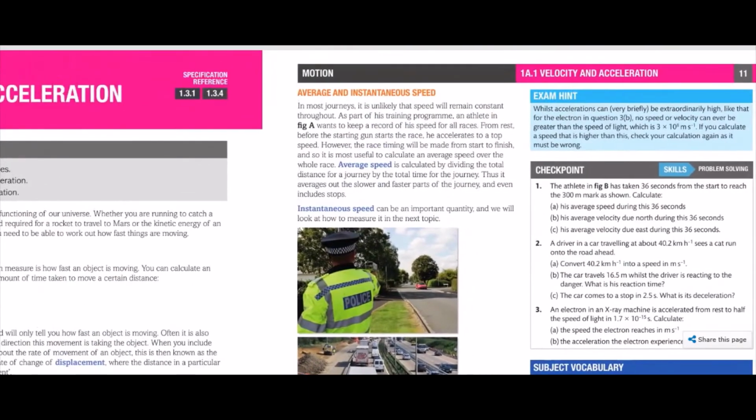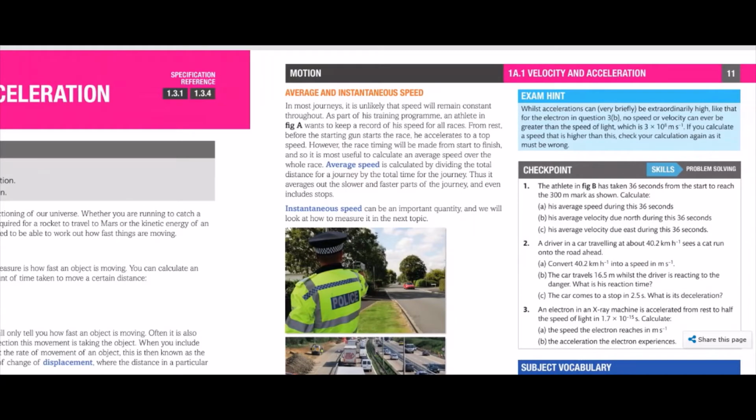Of course, these quantities can be an average or they can be instantaneous. The difference is when you look at an instantaneous quantity, you are calculating the quantity at a specific time instant. But when you are calculating an average quantity, you are looking at a specific time span.